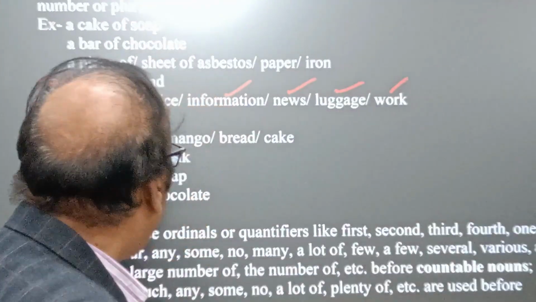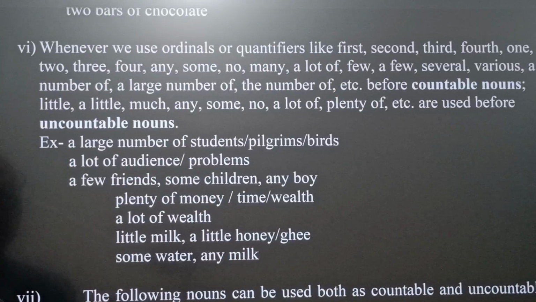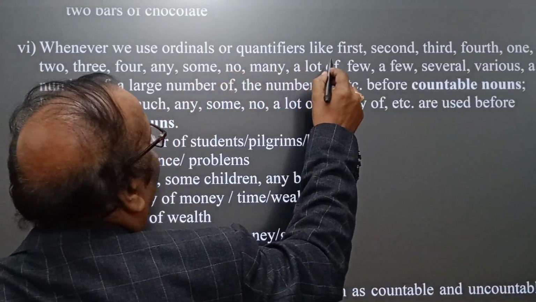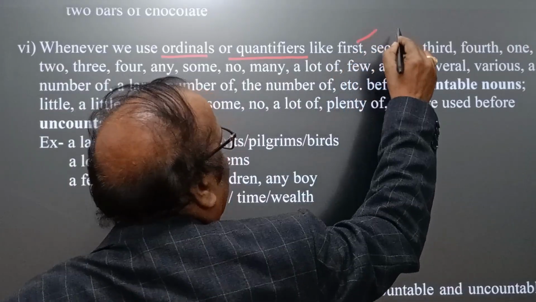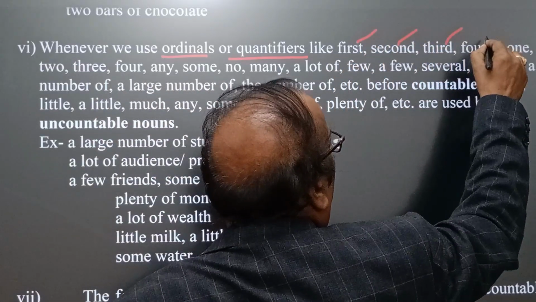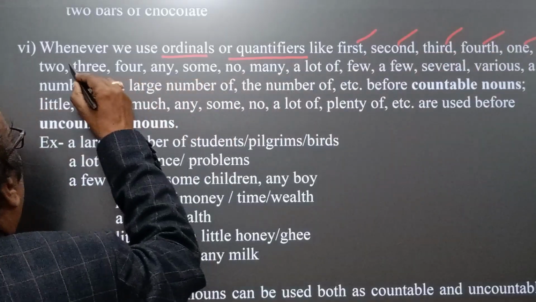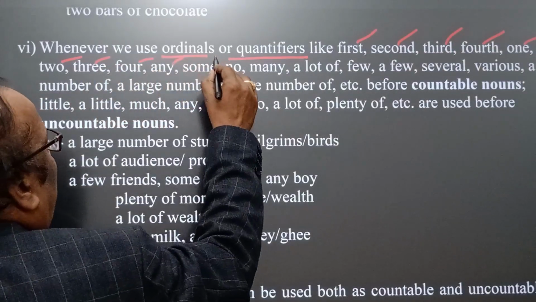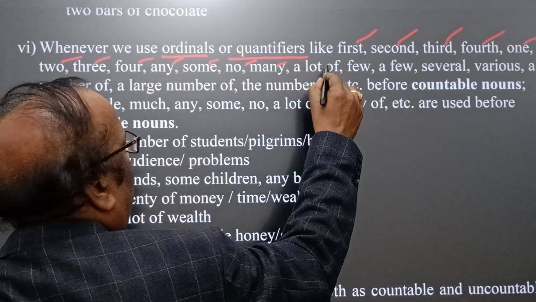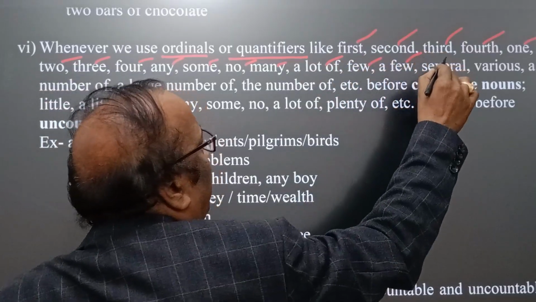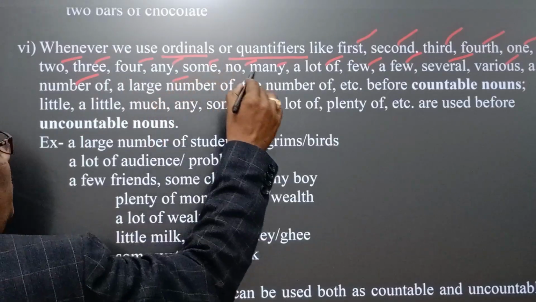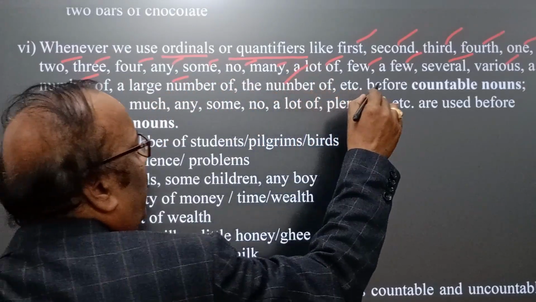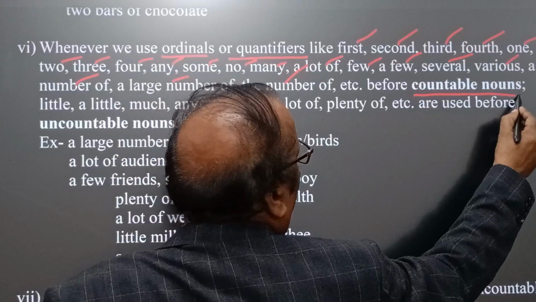Now comes the next idea. Whenever we use ordinals or quantifiers like first, second, third, fourth, any, some, no, many, a lot of, few, a few, several, various, a number of, a large number of, the number of, etc. before countable nouns.